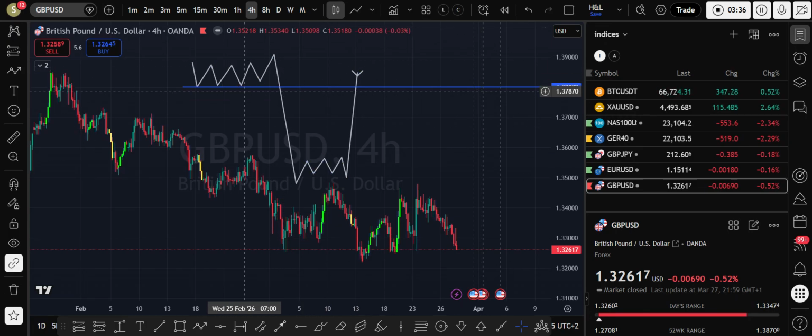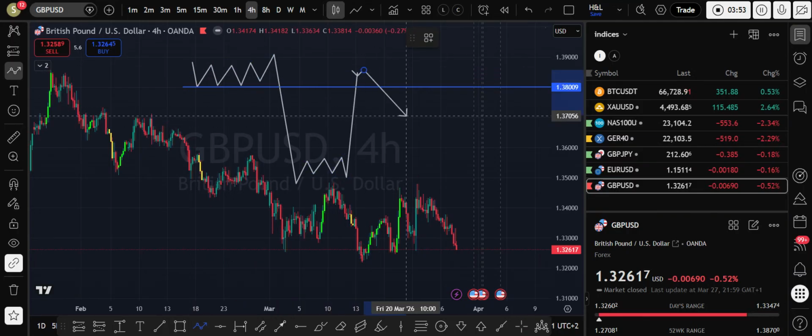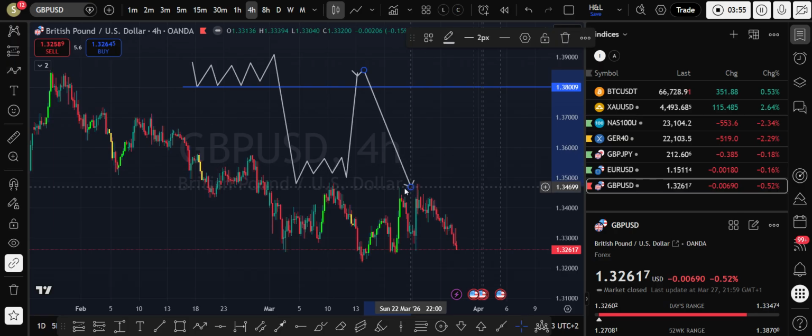Since the market broke this low, the market will move to find the order block that broke this low. It will look for it and retest it, and you will see the market move down.